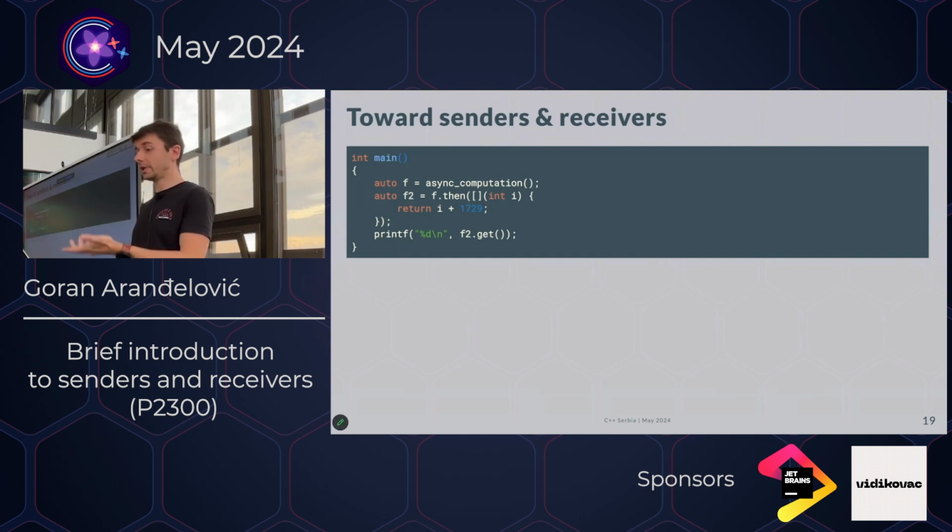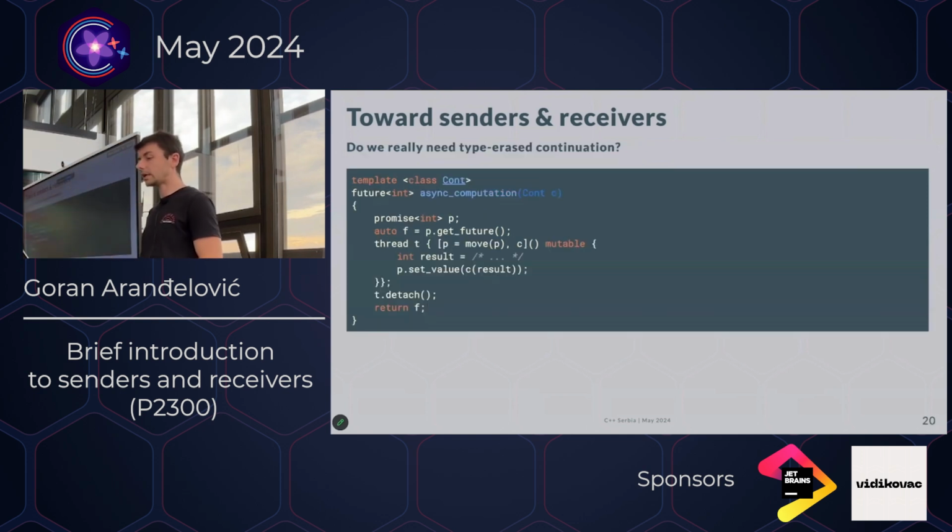And also, in this case, it will allocate memory on the heap to keep your continuation, right? And it has to be type erased. So probably it will be kept in some form of std function within itself. So in the second part, maybe we don't need a type erased continuation, right? And we can provide one directly to the async computation.